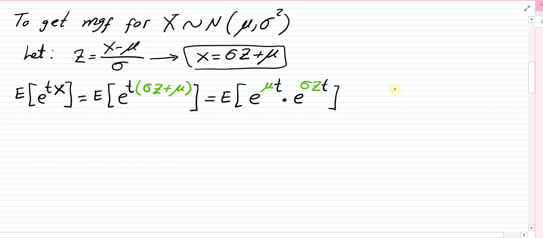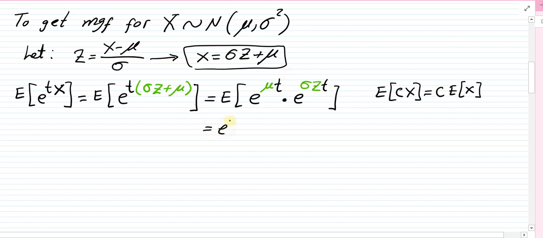Now, one of the properties of expectation is that for the expected value of a constant multiple of a random variable, you can bring the constant outside times the expected value of the random variable. So with respect to our random variable, remember it's z. So mu t is just a constant, and e to that is a constant again.